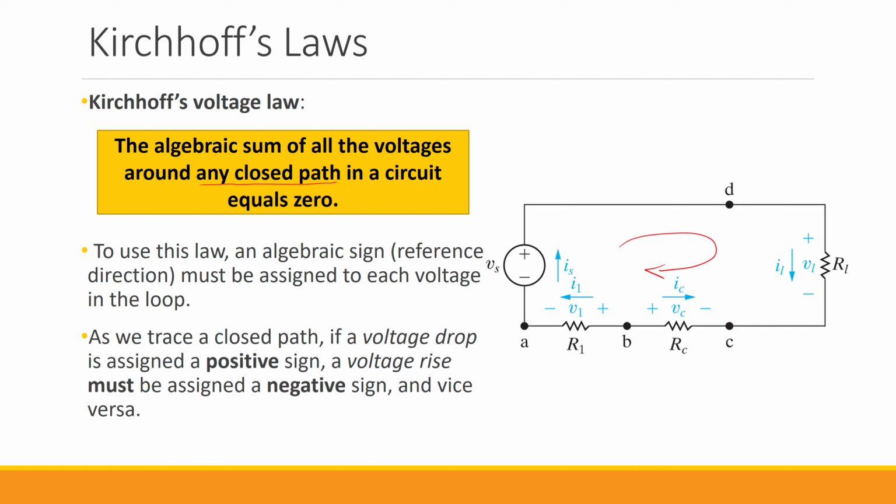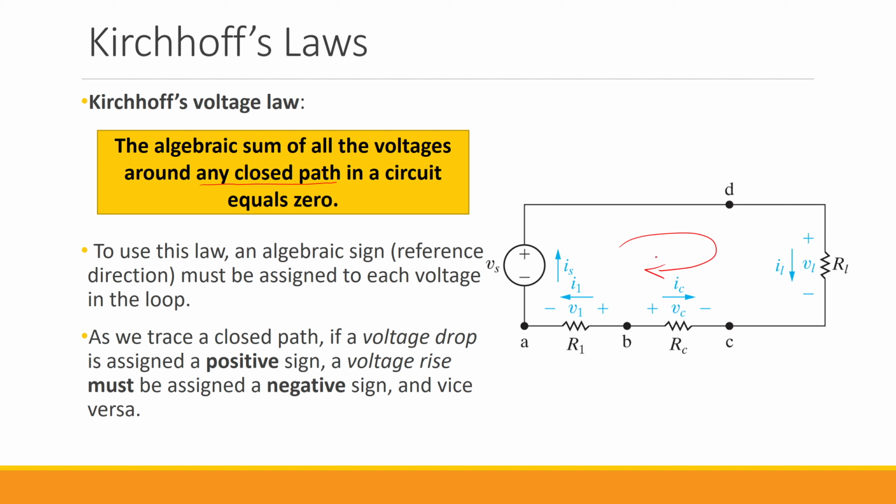So to use this law, an algebraic sign or reference direction must be assigned to each voltage in the loop. As we trace a closed path, if a voltage drop is assigned a positive sign, a voltage rise must be assigned a negative sign, and vice versa.